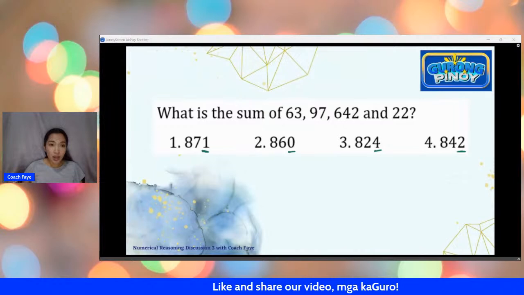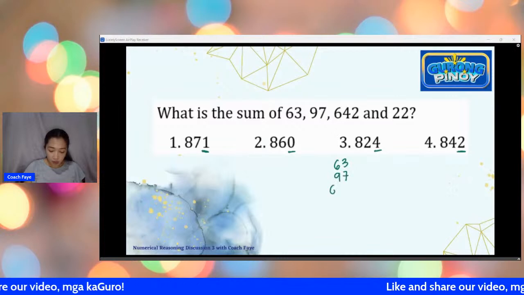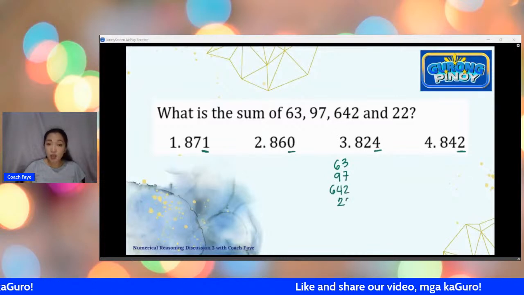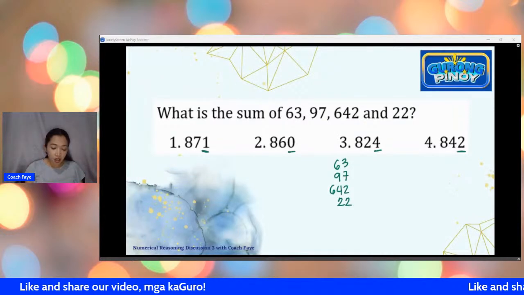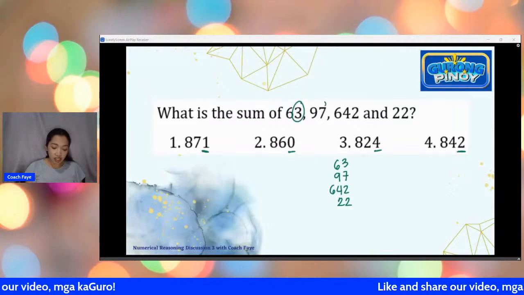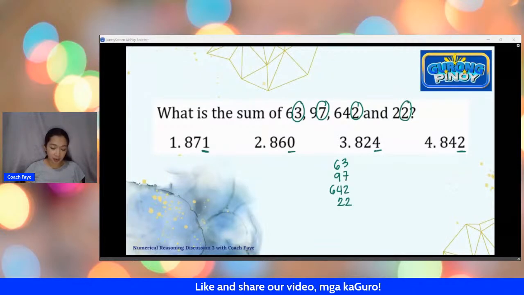So if you do the long method, what you have to do is you have to write pa yung 63, 97, 642, 22. But actually, dahil magkakaiba naman yung last digits, you don't have to look at every single addition, every single layer. You just have to look at your last digits and add your last digits.